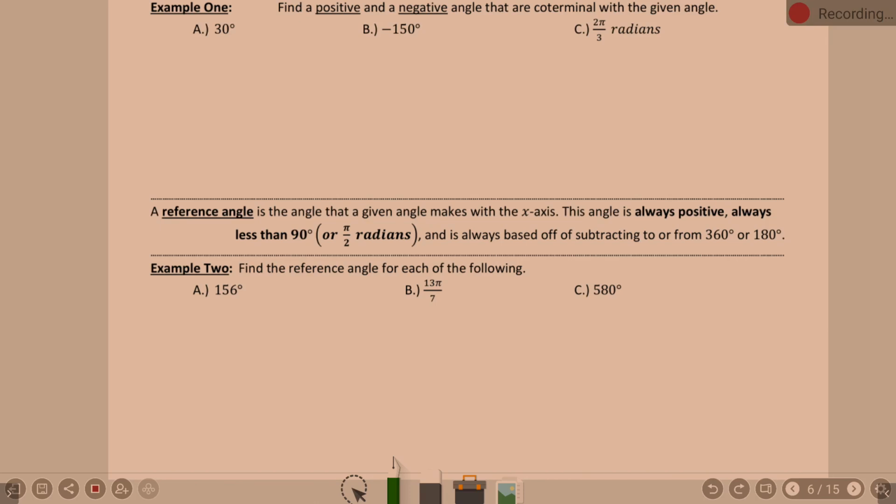But if we want another positive name for that, that means you would, from 30, go around a whole other loop. And so you're going to say 30 degrees plus 360 degrees is 390 degrees.